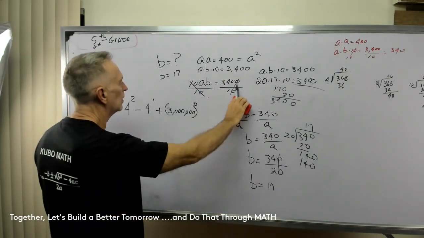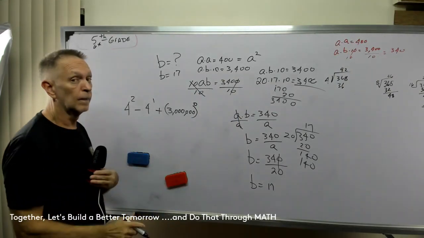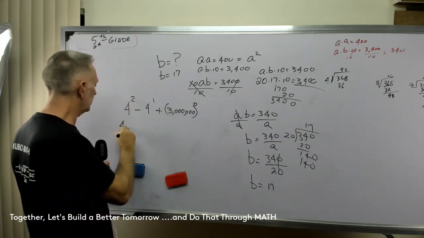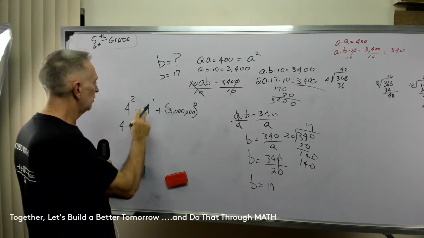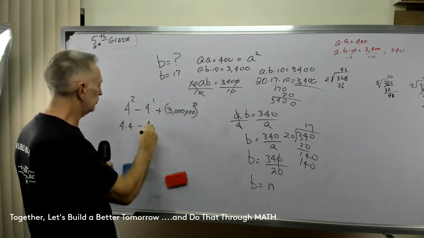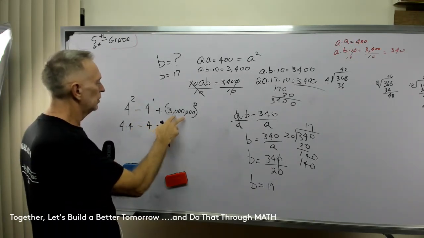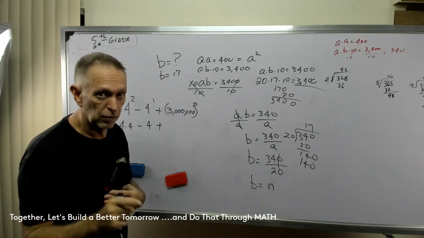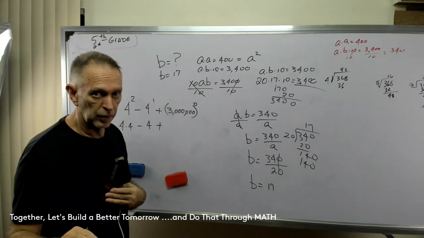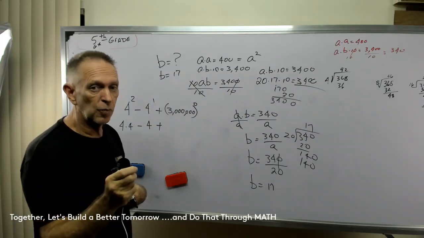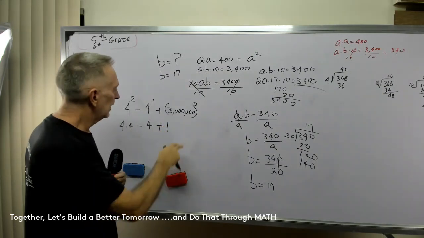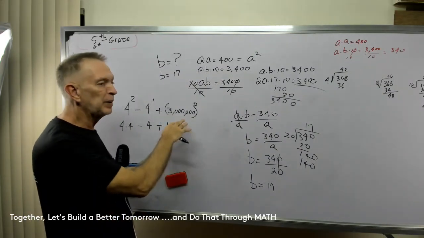Okay, 4 to the second power is 4 times 4, right? 4 to the first power is just 4, plus 3 million to the 0 power. Do you remember that rule? Any number raised to the 0 power is 1. It wouldn't matter if this was a billion.